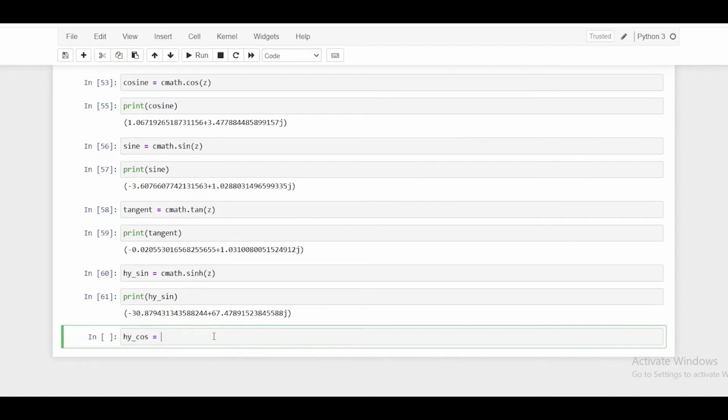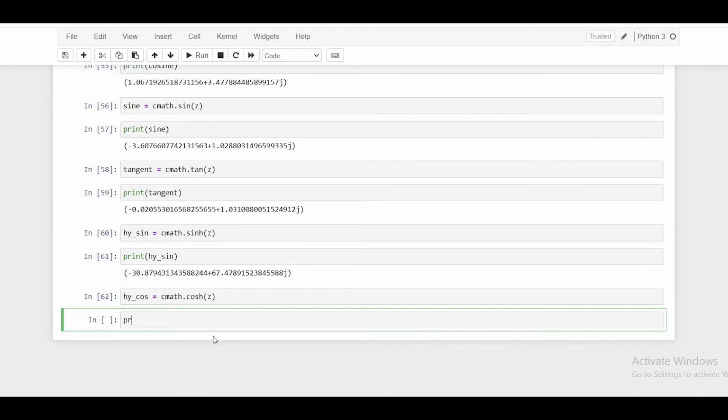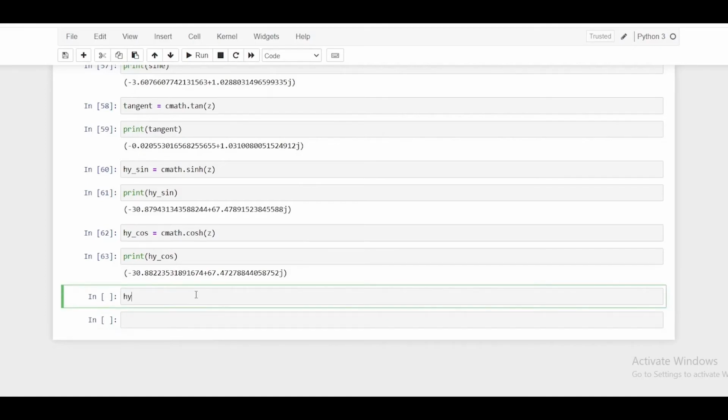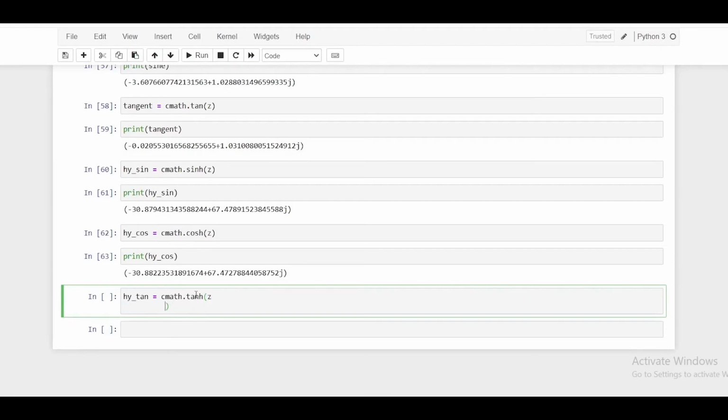We can also find the hyperbolic cos, which is cmath dot cosh of the complex number z, and let's print it out. Similarly, we can also find the hyperbolic tangent of the given complex number z.